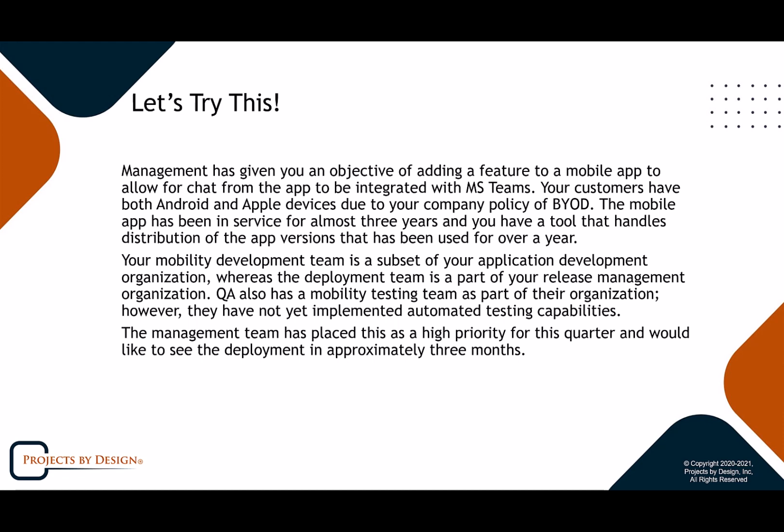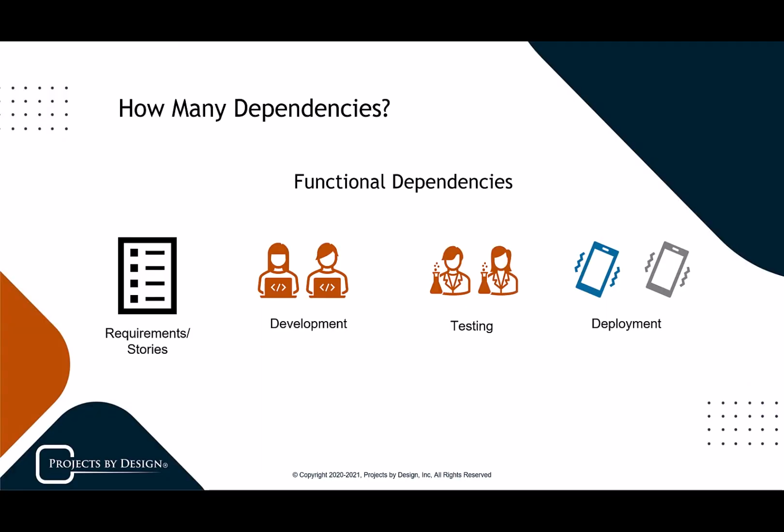It's like one main functional objective, getting the chat app to integrate with MS Teams. Okay. So when I say functional dependencies, what are the functions we have to perform in order to deliver this, right? So I see 4.